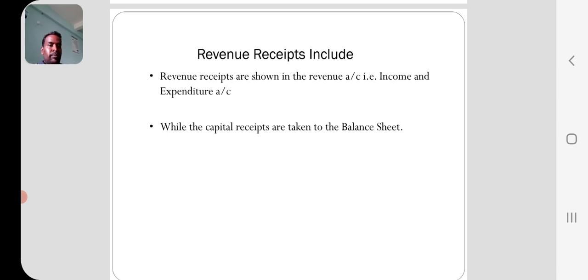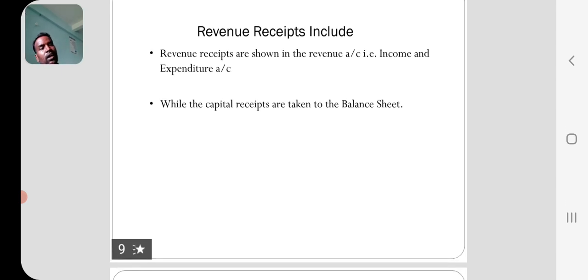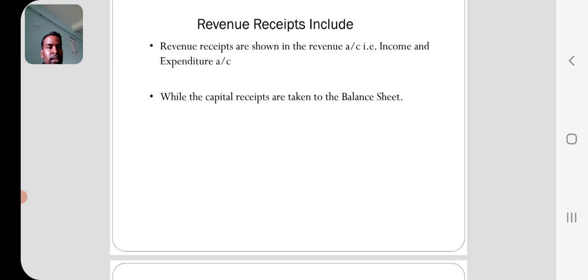It includes revenue receipts. Revenue receipts items are shown in the revenue account, that is, the income and expenditure account, while capital receipts are taken to the balance sheet.